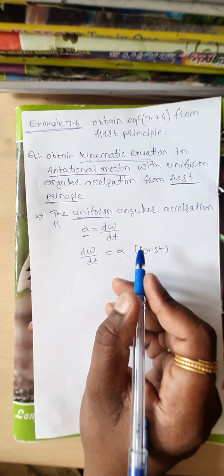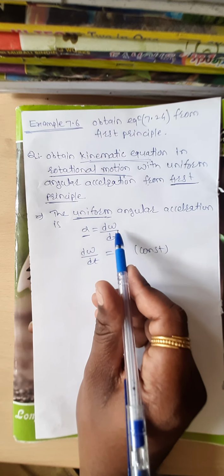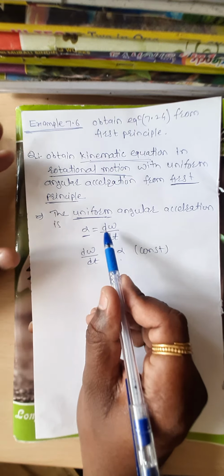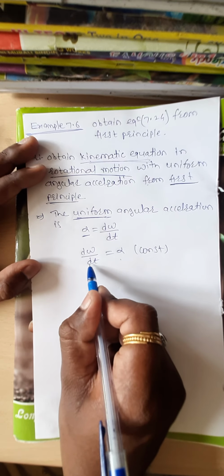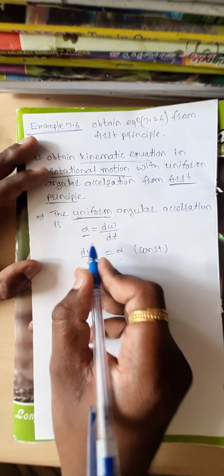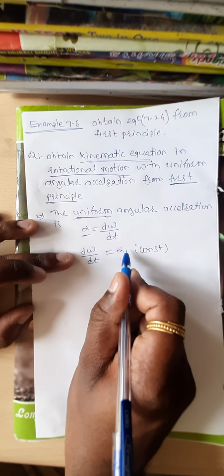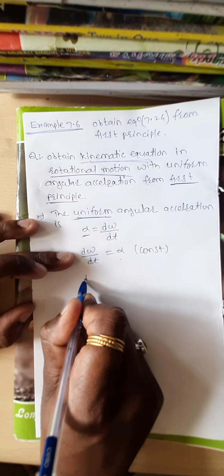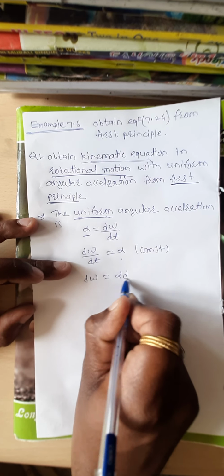How do we define alpha? Angular acceleration alpha is the rate of change of angular velocity, that is alpha equal to d omega by dt. Now taking cross multiplication, d omega by dt is equal to alpha becomes d omega is equal to alpha into dt.